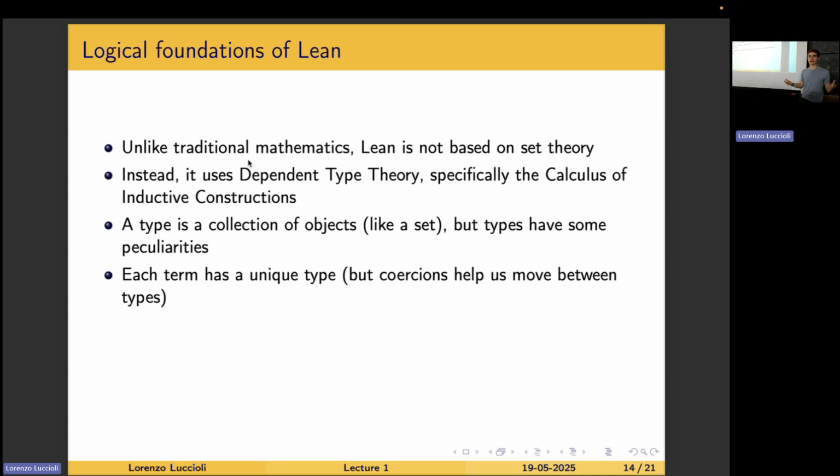And there's no problem with that in set theory. A term is, let's call it, an object in our theory. Basically, almost everything is a term in type theory, because even types can be terms of other types. So let's just think of it as an object.